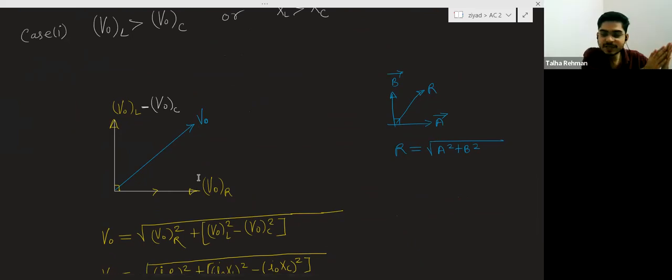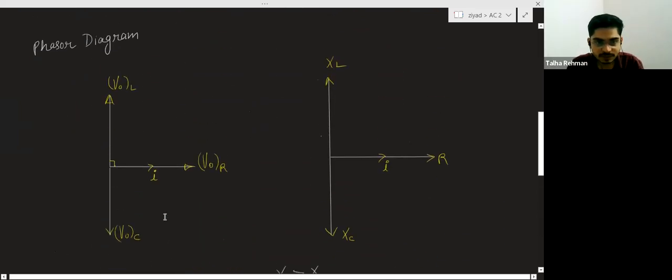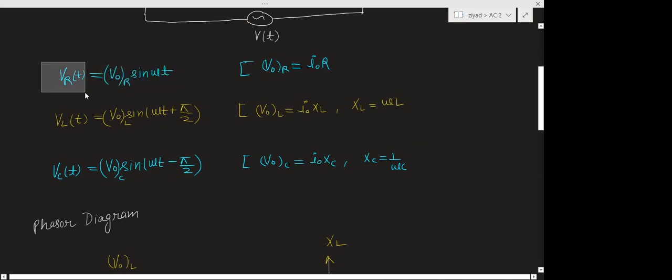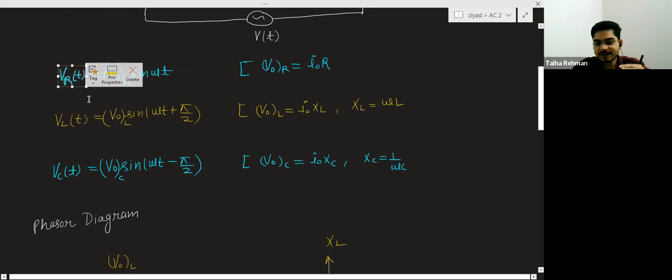See the difference between the values. This is the instantaneous value, and this is the peak value. So we solve the circuit by taking the peak values, not these values, because these values change with time.